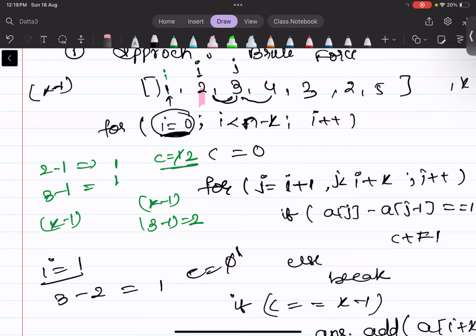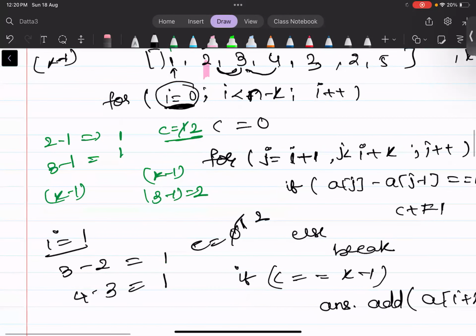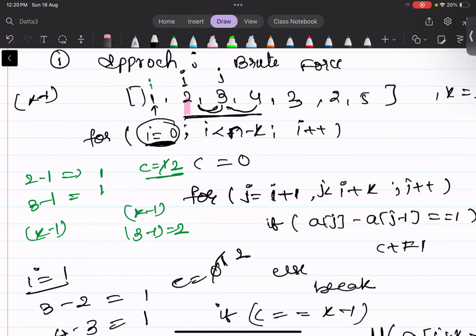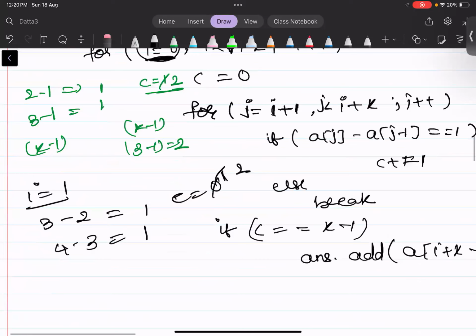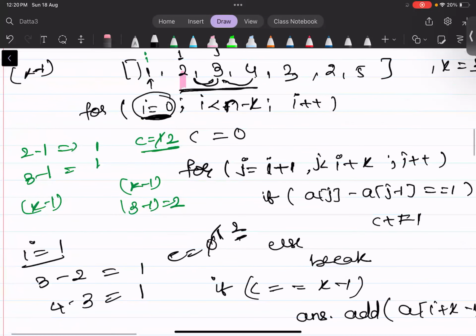And for next, 4 minus 3 is again 1, so I'm going to increase my count. Now I reached a subarray of size 3, right? Now again I'm going to check whether my c is equal to k minus 1. So it is equal to k minus 1, so I'm going to add this particular element.